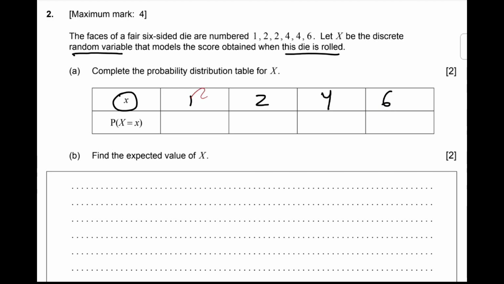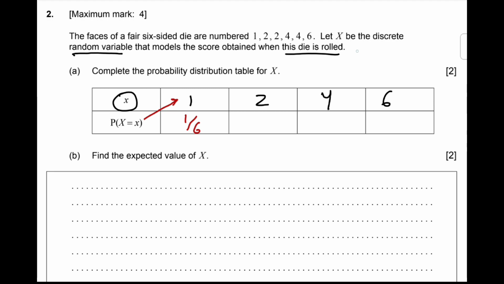So what is the probability that x equal to 1? Think about it. Since you have 6 faces, the probability that x equal to 1 is 1 over 6.